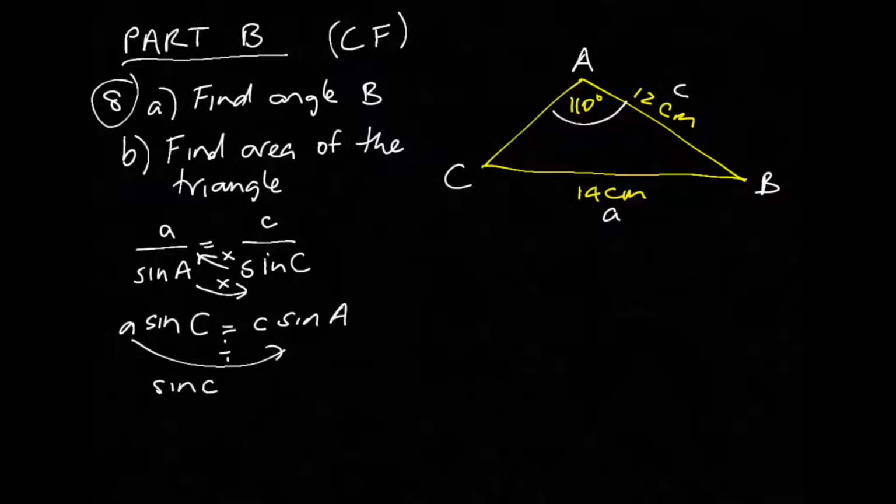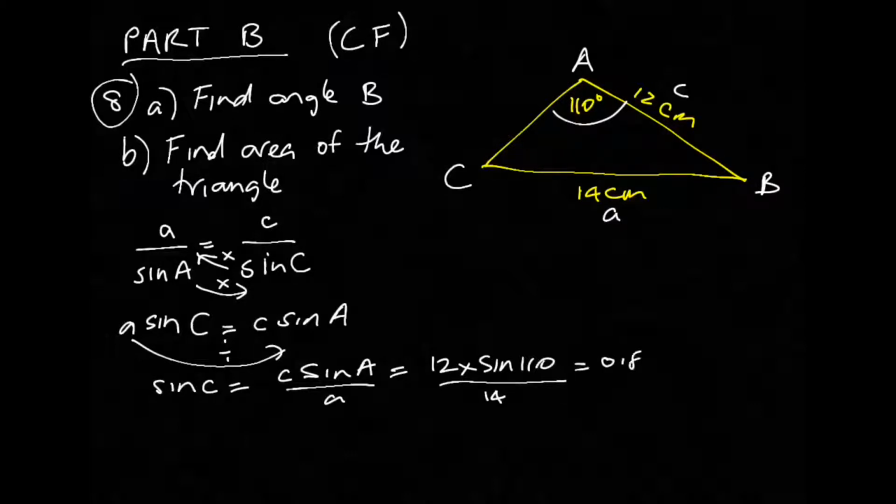Sine C equals c sine A on little a, is equal to 12 times sine 110 divided by 14. Now put that in the calculator and you get 0.805. So C equals the sine inverse. Make sure you leave that in your calculator to avoid round-off errors. And that'll give you 53.65 degrees.